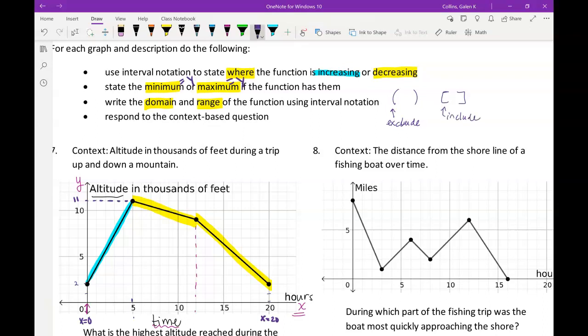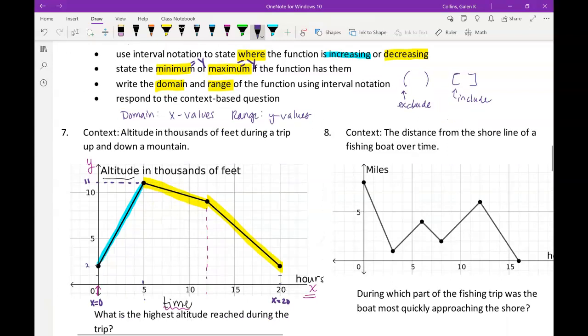So remember, the domain is going to be the x values where the function exists. And the range is going to be the y values, like from the minimum to the maximum, that occur over our domain. So let's look at domain first.